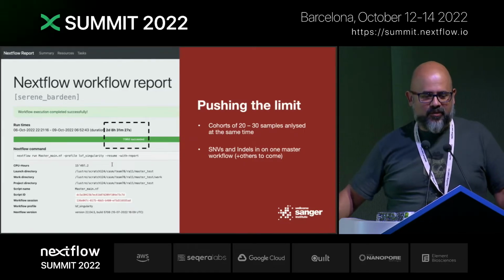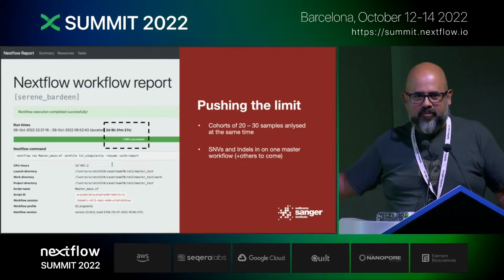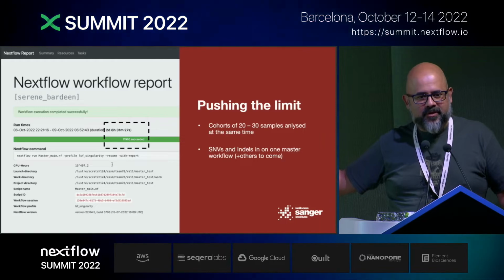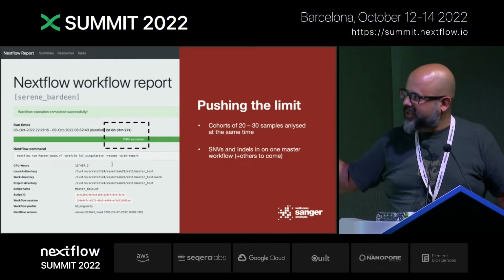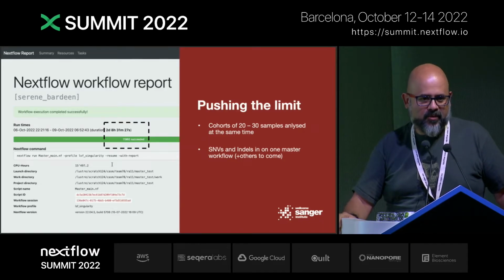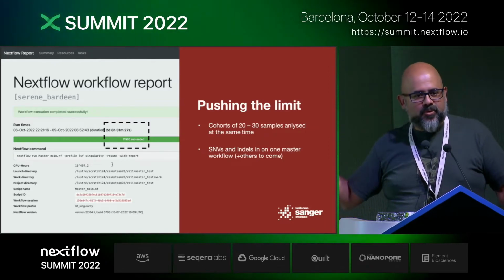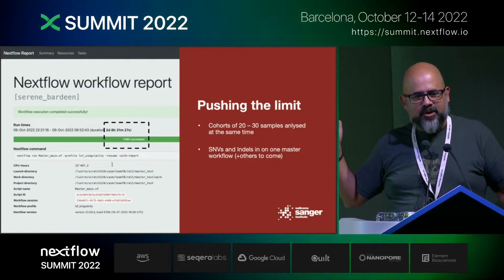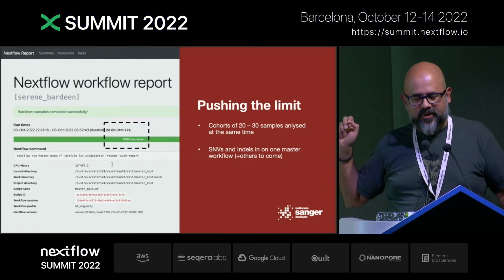So really, Nextflow is opening up this project, because we couldn't do it in any other way. It would be very difficult to manage all this analysis otherwise. And this brings me also to something that I find is an issue at CASM, the cancer division at Sanger.